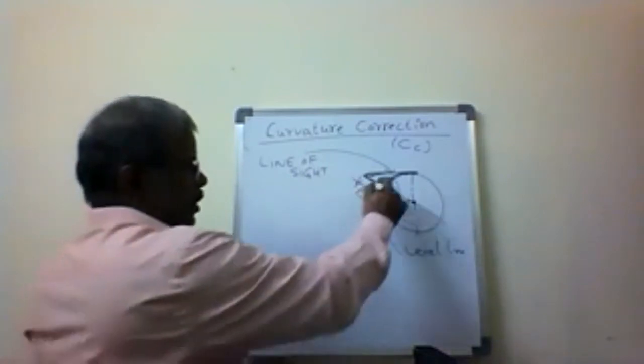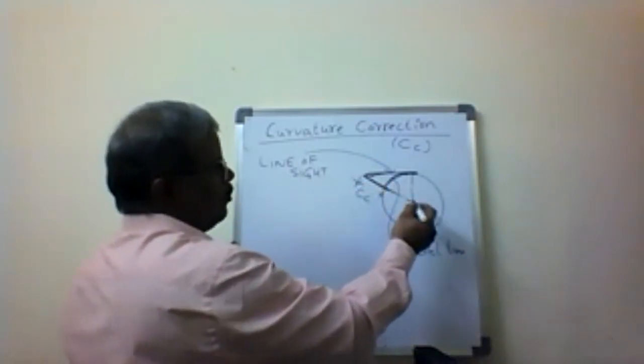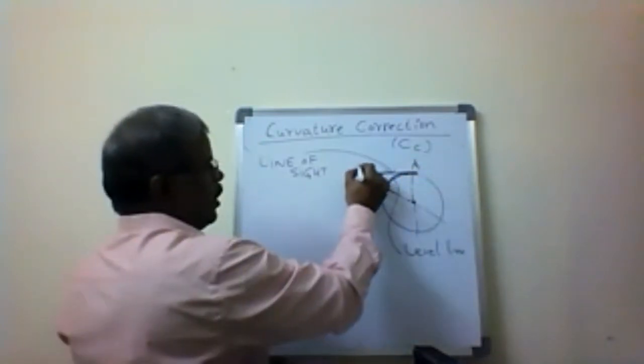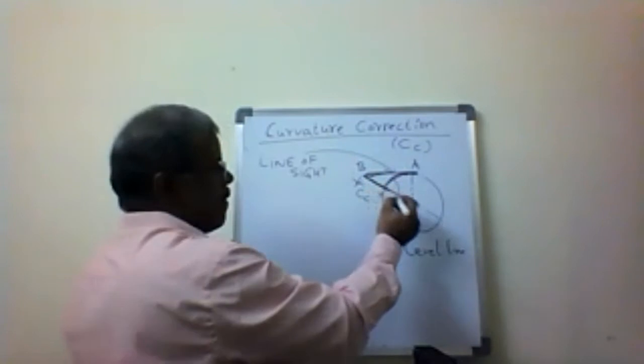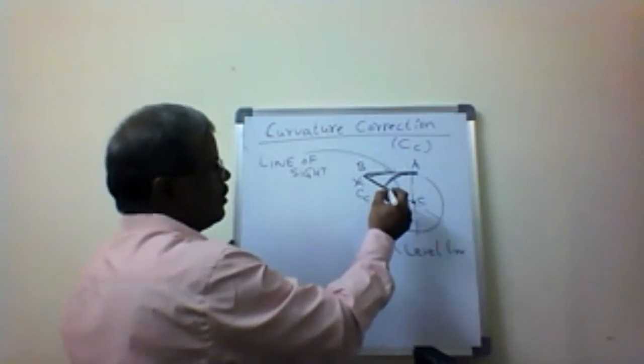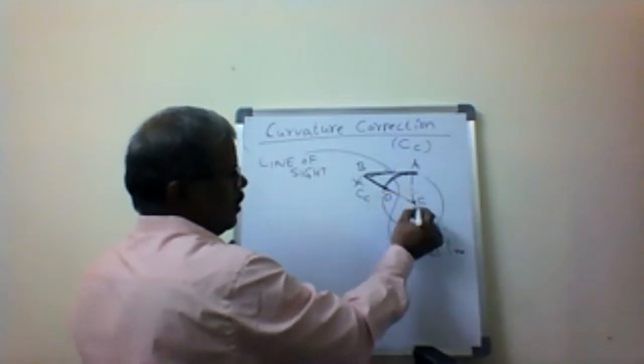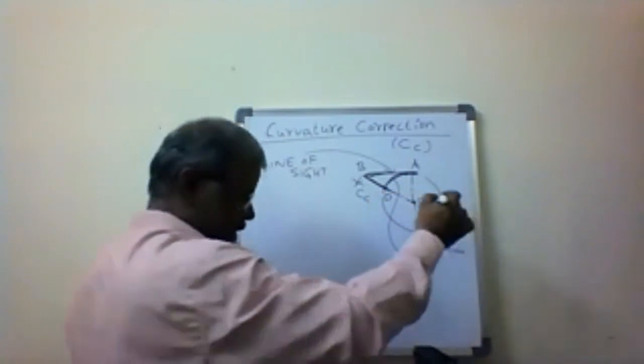Horizontal. This is the level line. Now, this is the point A, this is the point B, C, and this is the point D, and this is the point D dash.